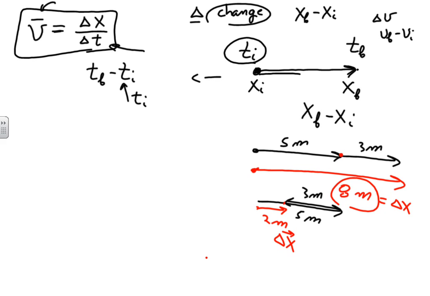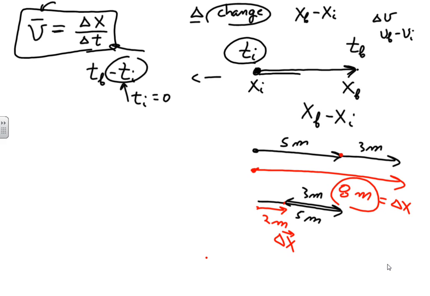Usually t initial equals 0. So a lot of times you'll see these equations where you just see t. Don't think t is an instant of time. It's still an interval, it's just that this was 0. Everybody okay with that? t final minus 0. So sometimes they just drop the whole delta on the t.